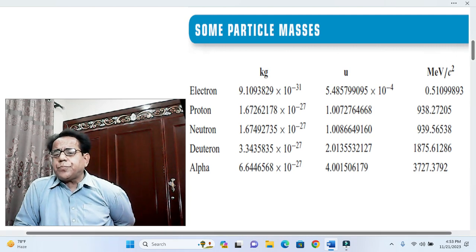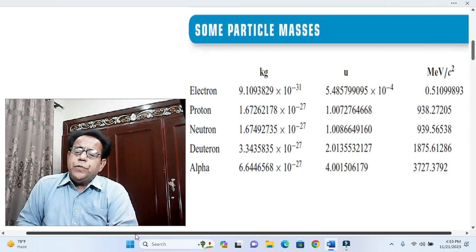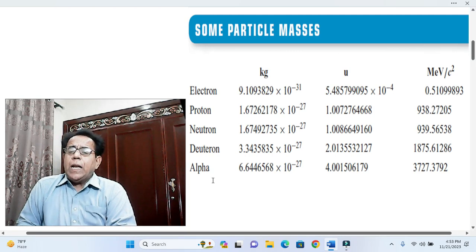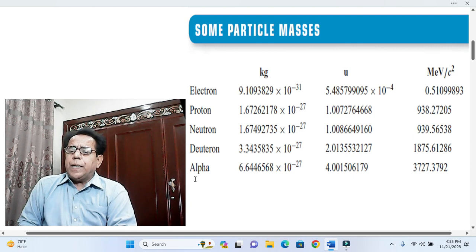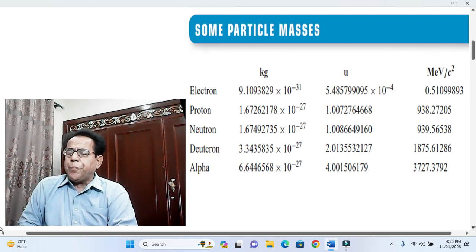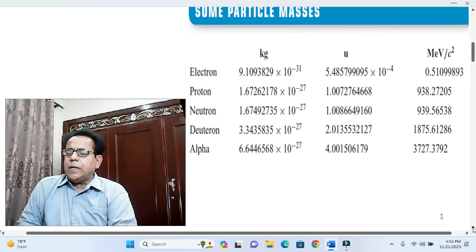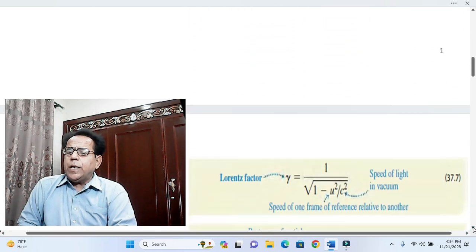This last value regarding the alpha particle will be used in this problem.